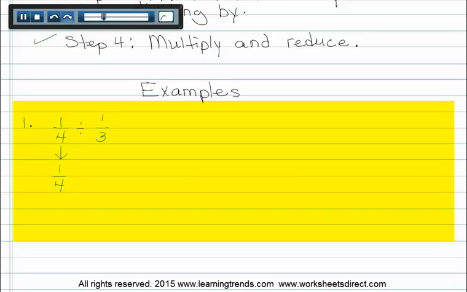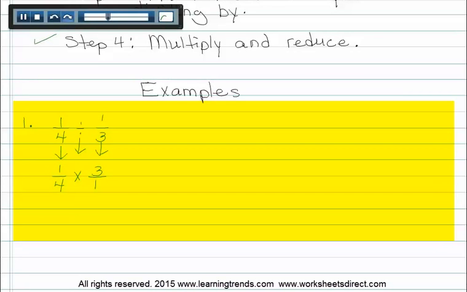Step 2 says change the division sign to a multiplication sign. And step 3 says that we should take the 1/3 and we should invert it or flip it. So 1/3, if we invert it, becomes 3/1. And our final step, step 4, says that we should multiply and then reduce.